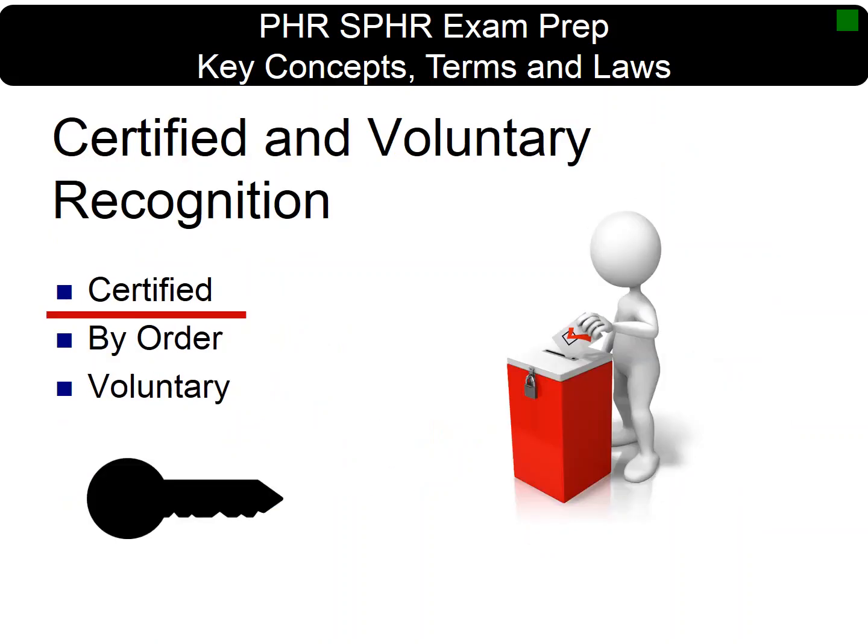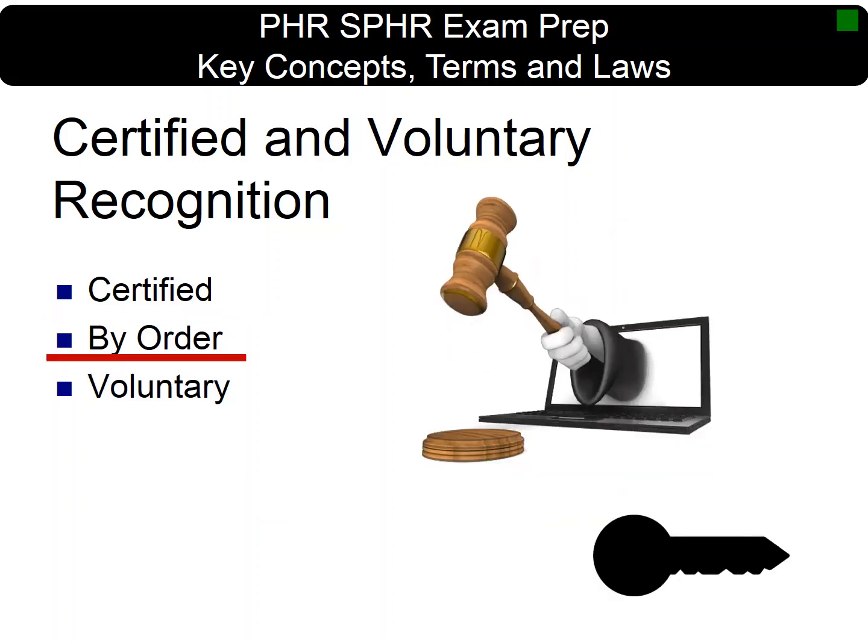The goal of a union is to become the exclusive bargaining representative of employees through an NLRB certified election or voluntary recognition. Certification of the union by the NLRB occurs after an NLRB conducted election by secret ballots in which the union receives a majority of the valid ballots cast by the employees eligible to vote.